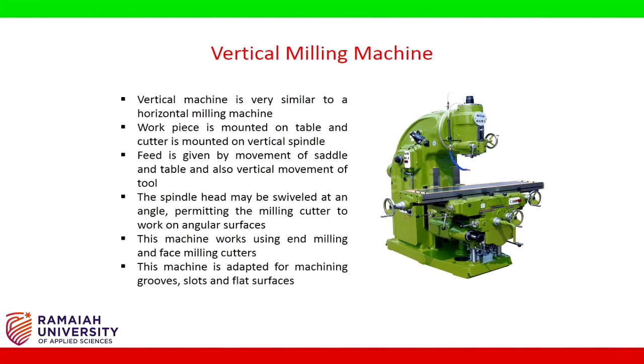The spindle head may be swiveled at an angle, permitting the milling cutter to work on angular surfaces. This machine works using end milling and face milling cutters. This machine is adapted for machining grooves, slots, and flat surfaces.